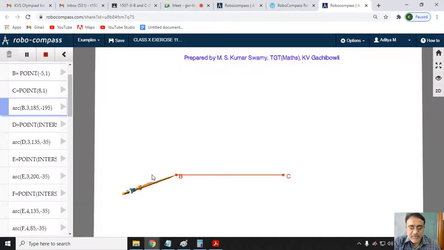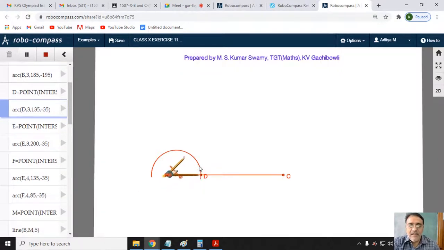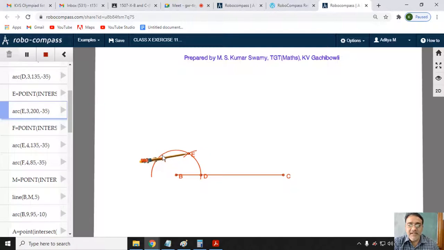So how will you draw, one semicircular arc which will intersect BC at point D. फिर पॉइंट D से एक आर्क और ड्रॉ करेंगे with same radius which will intersect at point E. Again with center E we will draw one more arc of same radius which will intersect the first semicircular arc at point F.